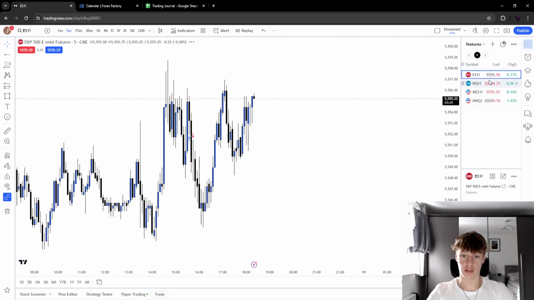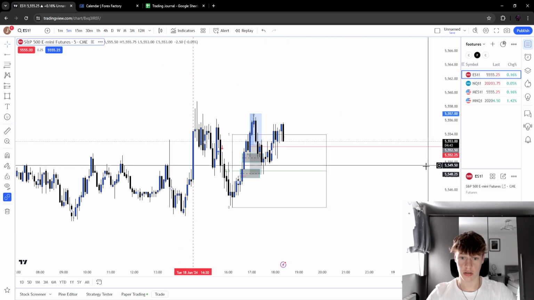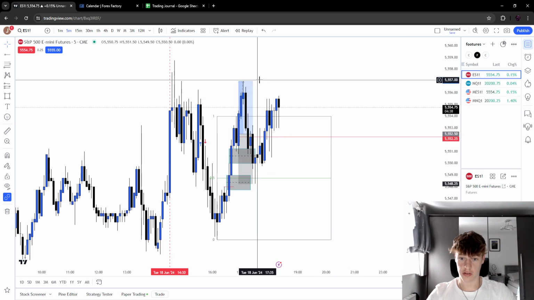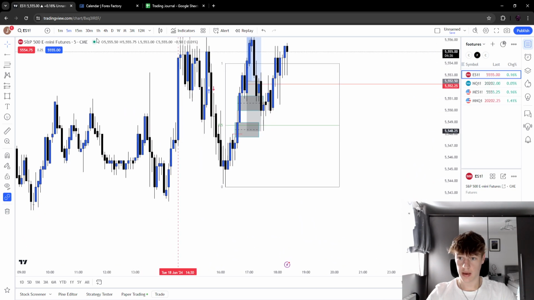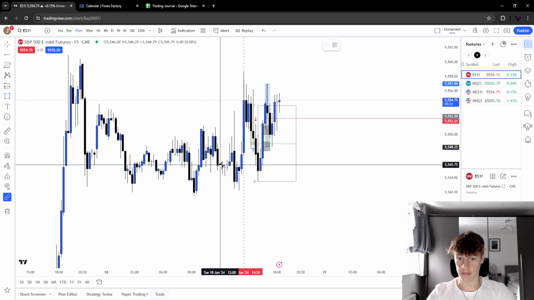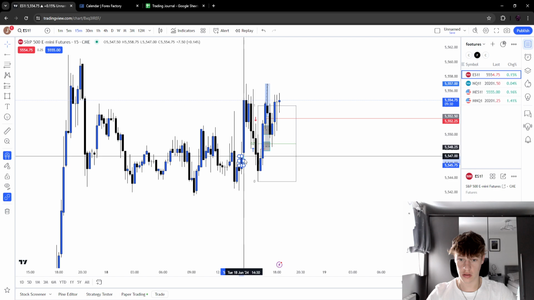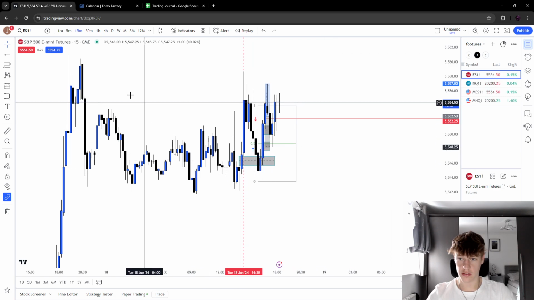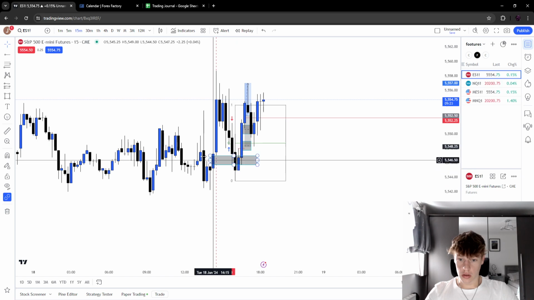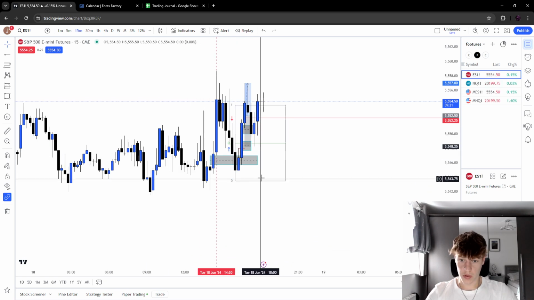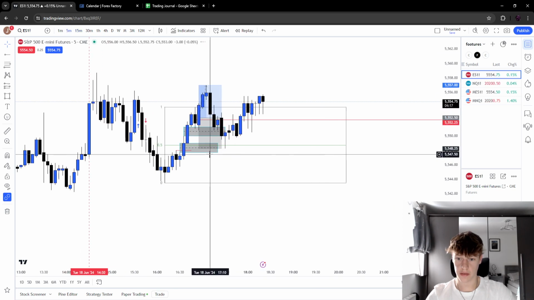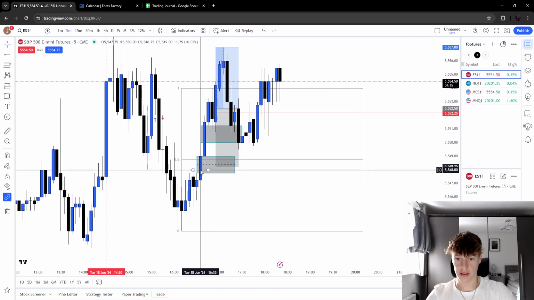And over on ES, we had a similar situation, but I didn't want to take the trade because it was not a very good risk to reward ratio. But we had this imbalance pre-session hit and these higher time frame lows swept out, we came back down, and then we've got a 5-minute break. 5-minute break here.